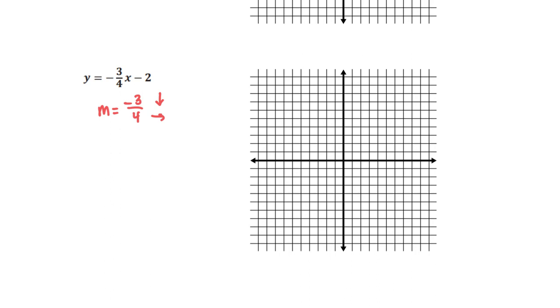And our y-intercept this time is (0, -2), because you notice that's a -2. So start with the y-intercept and plot that on the graph: there's (0, -2). Then we use our slope to go down 3 and right 4, and put a dot there. Down 3, right 4 again. There it is.